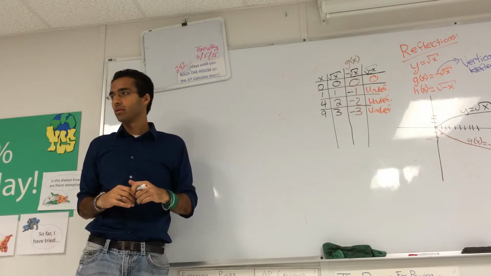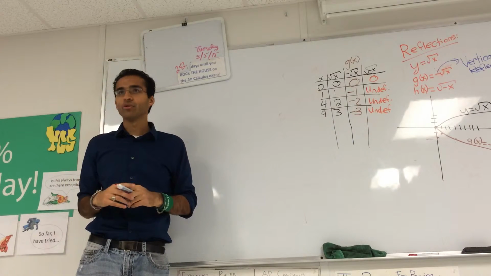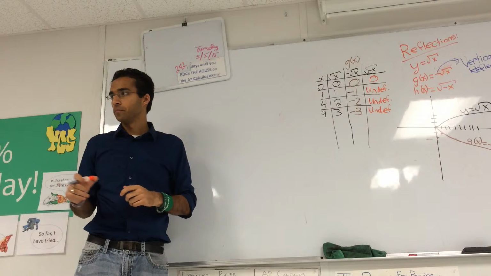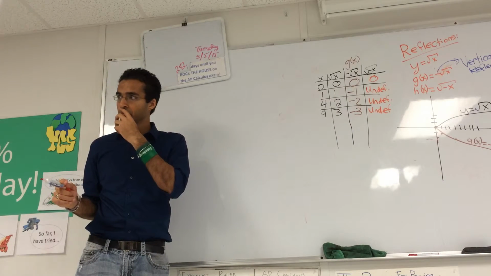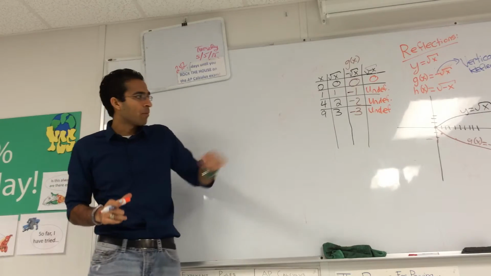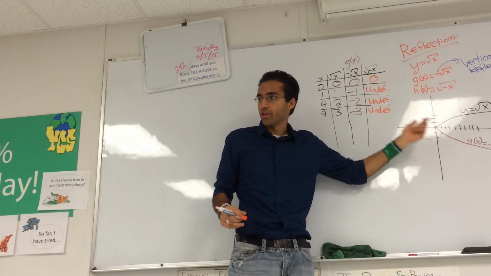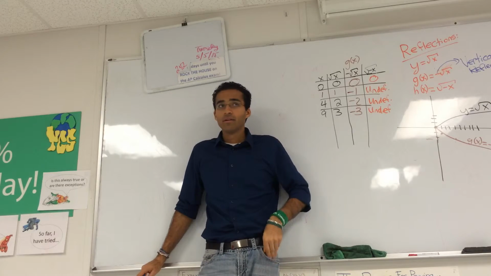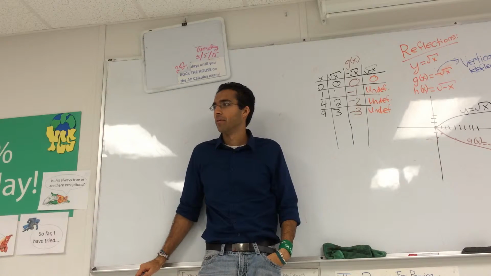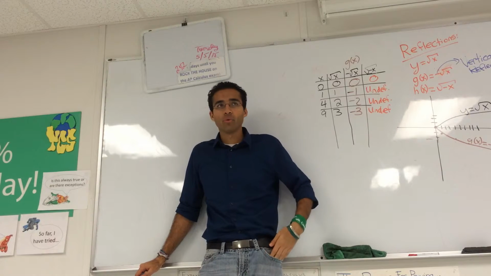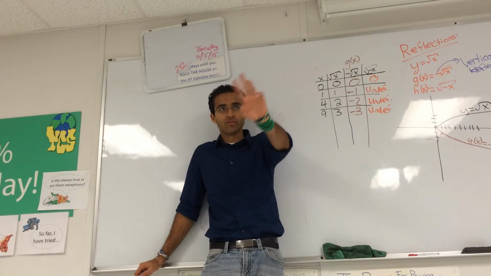Wait, so we're not going to graph? No, we will. I'll show you. I is the square root of -1. Hold on, we're getting a little bit ahead of ourselves. Michelle?